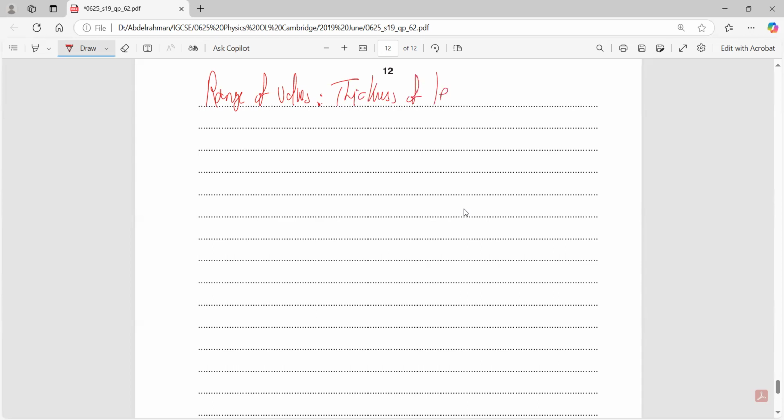We need to state five different logical values for the thickness of this small lens. We could say 1 centimeter, 2 centimeters, 3 centimeters, 4 and 5 centimeters. Definitely small lenses. So these are the values.